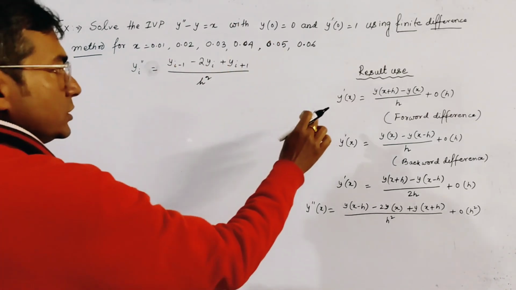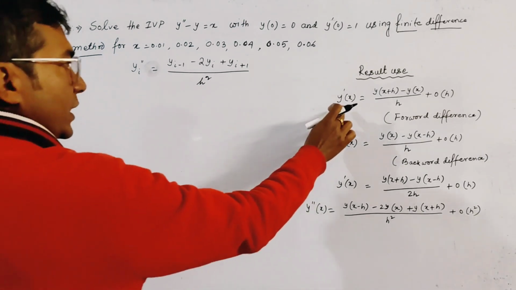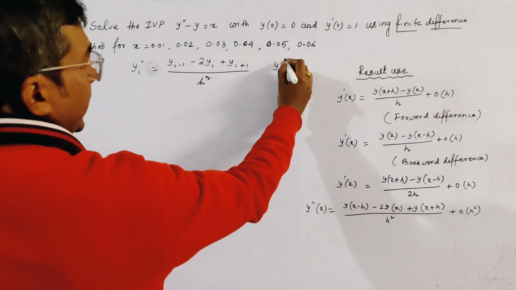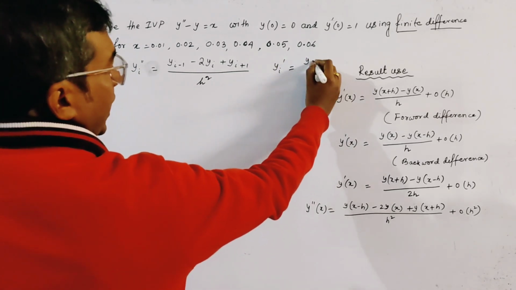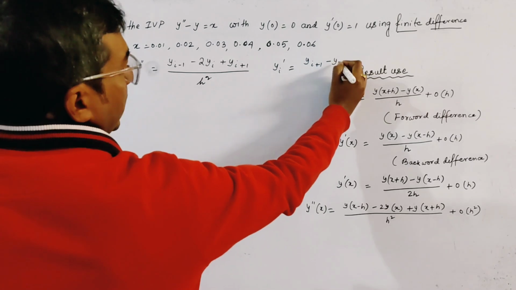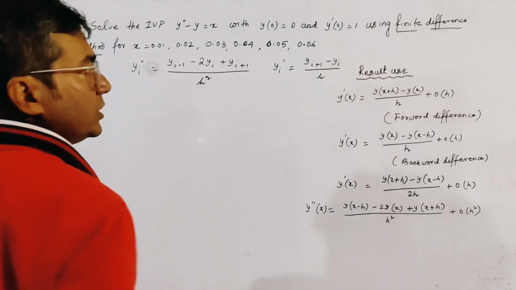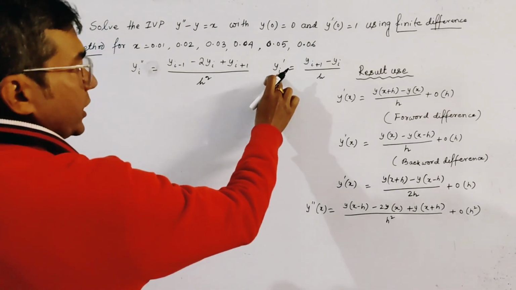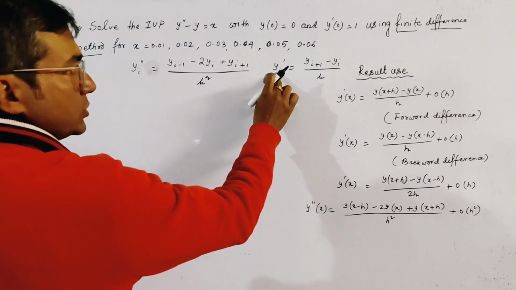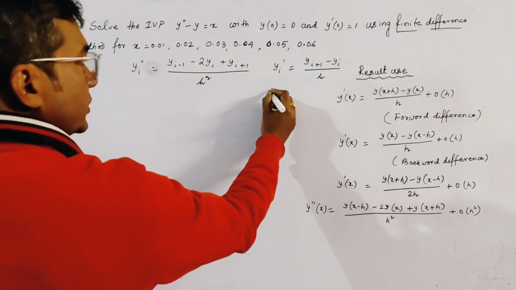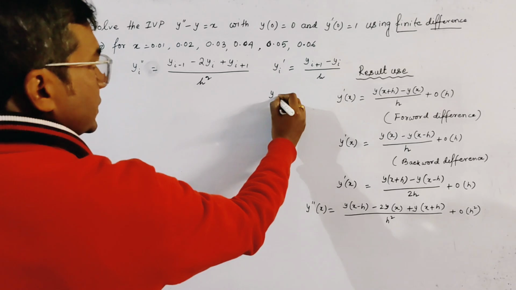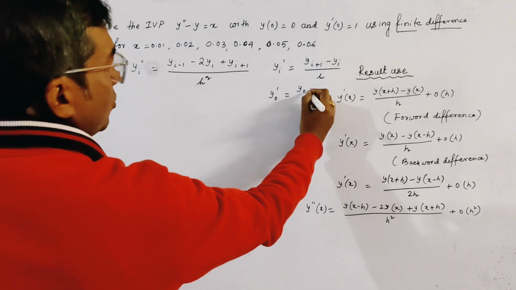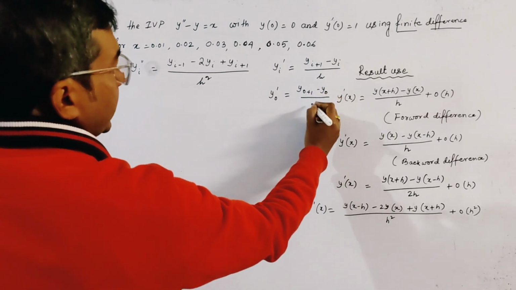Also here we use the approximation of the first derivative. We use the first result, that is the forward difference result. We write yi dash, which is given by yi plus 1 minus yi by h. Now from this result, if we put i equal to 0, then we get y0 dash, which is given by y of 0 plus 1 minus y0 by h.